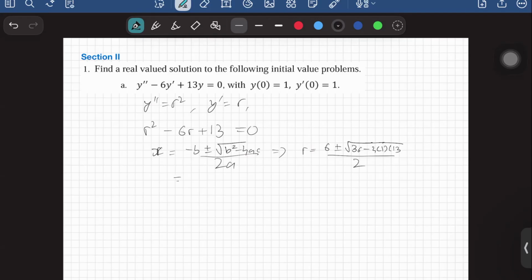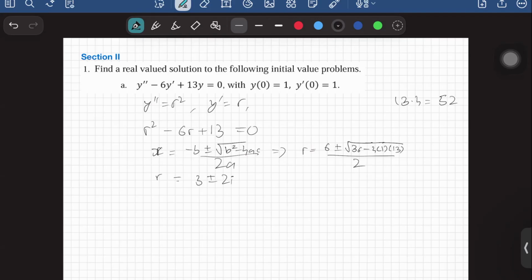So our solutions to this are 3 plus minus 2i, because 13 multiplied by 4 is 52, and 36 minus 52 is a negative number, so that's why we get a complex solution, right?